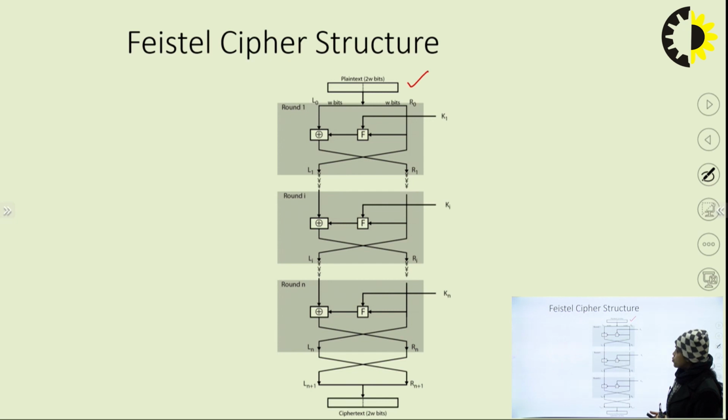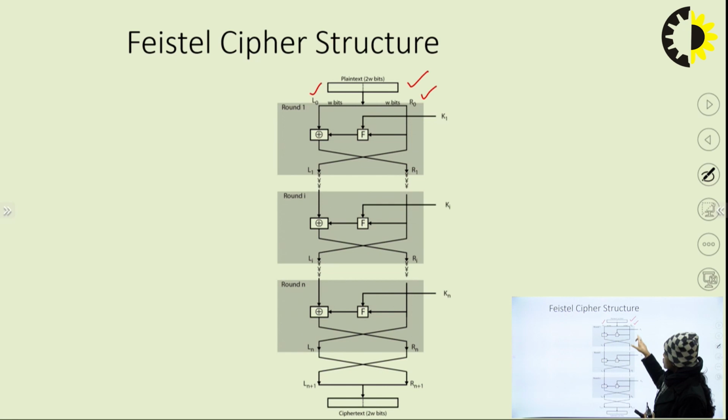The plain text of 2W bits will be divided into two equal halves, the left half and the right half. The left half will be W bits, the right half will be W bits. I denote the left half as L naught and the right half as R naught.